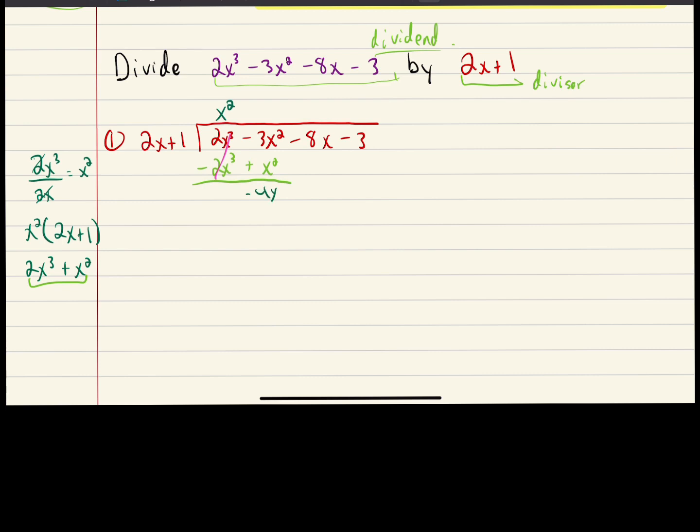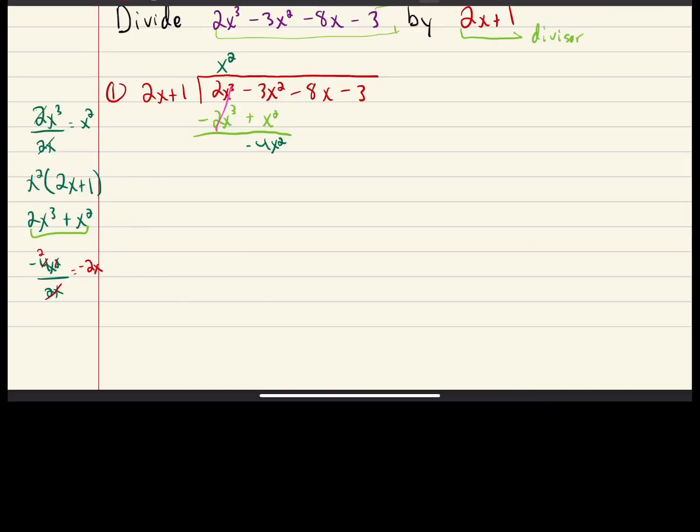minus 4x squared. And then we're going to repeat the process, starting, of course, with this one here. Dividing minus 4x squared by 2x is going to give us minus 2x as the quotient.